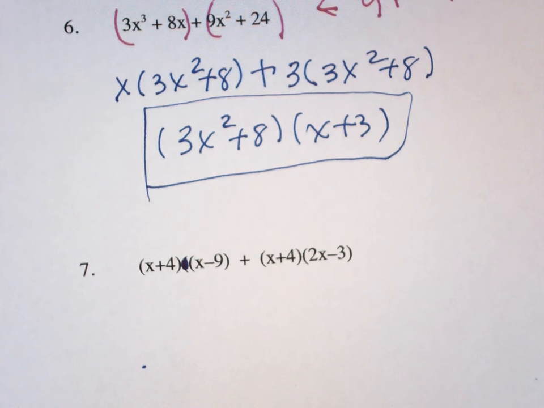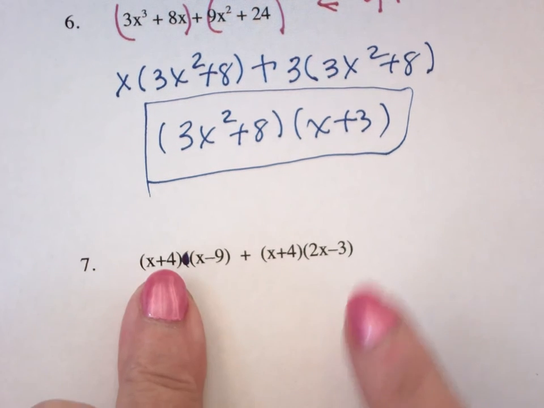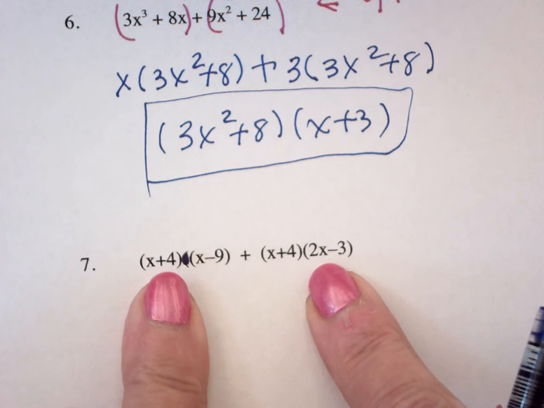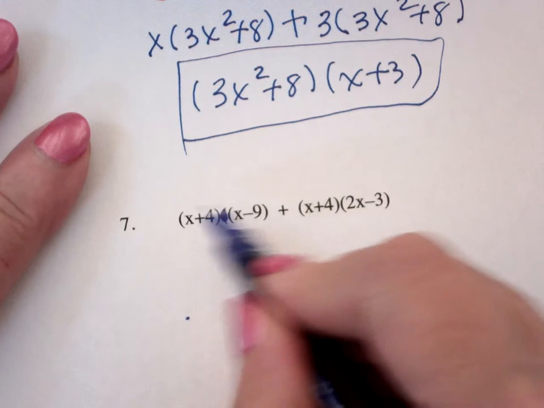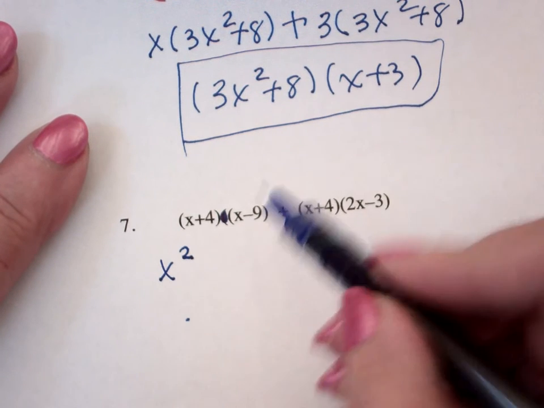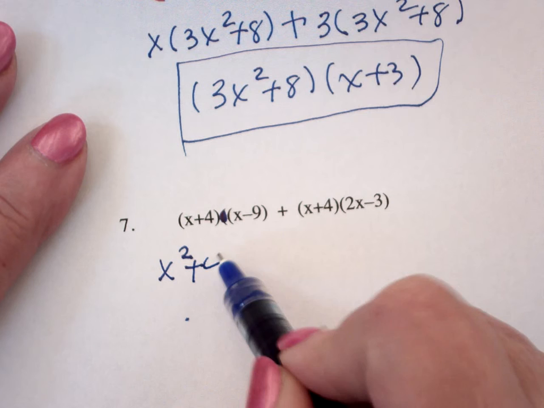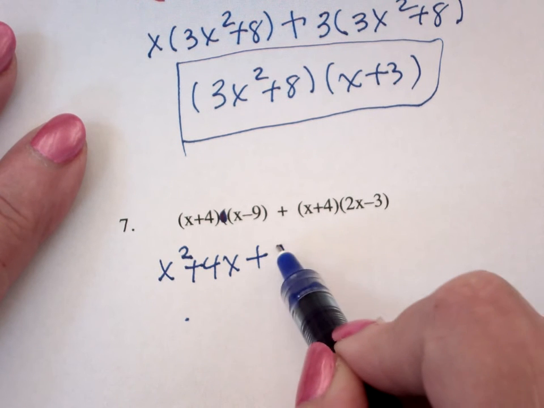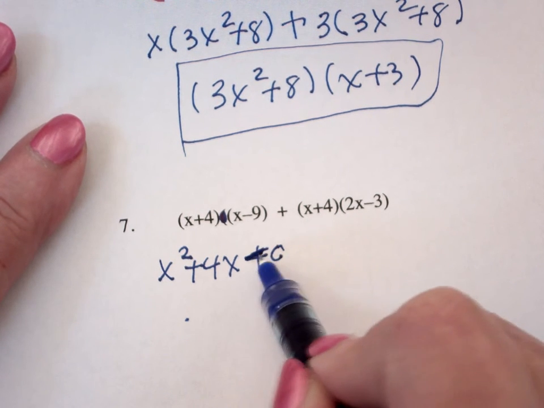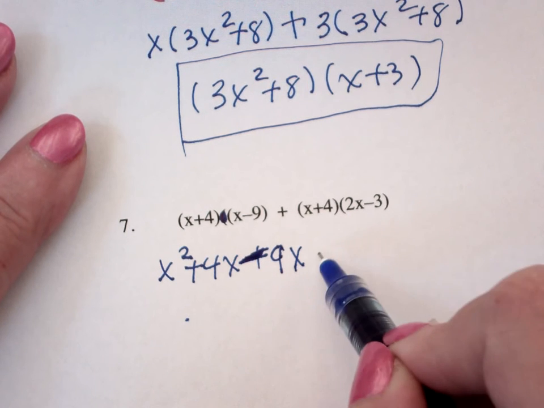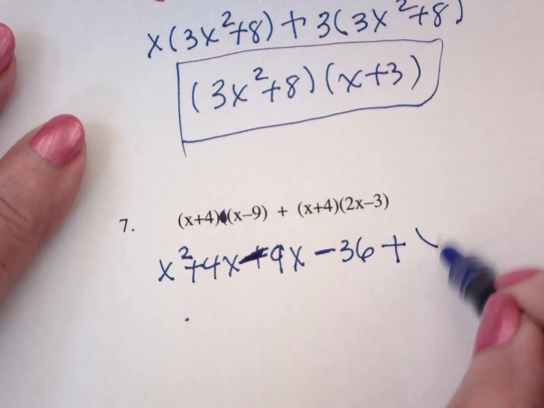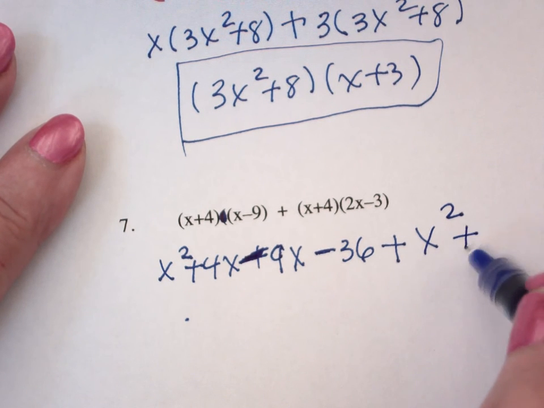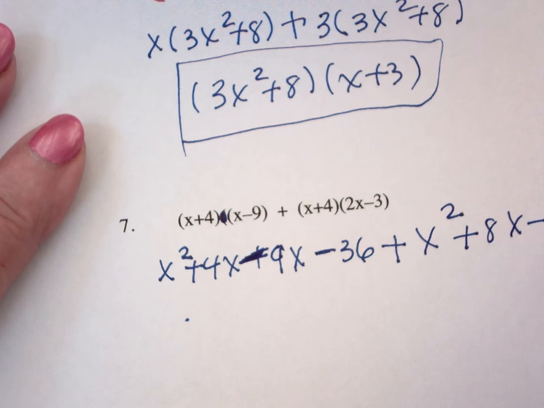Think about order of operations. This is multiplication, addition, multiplication. What would you do first? Multiplications, right? So this would be an x squared, and that would be a plus 4x, and a minus 9x, minus 9x, minus 36, and then add to it x squared plus 8x minus 3x minus 12.